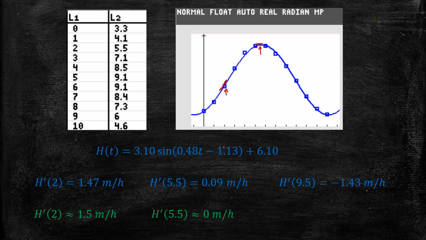Finally, at 9.5, which was between here and here, the tangent line to this model would be negative 1.43, and before our estimate was negative 1.4. So our estimates are pretty close to those we obtained from this model.